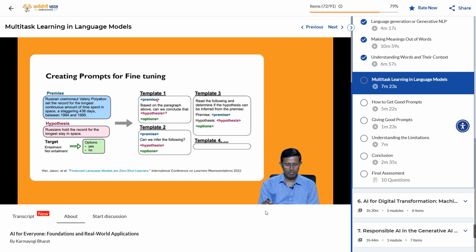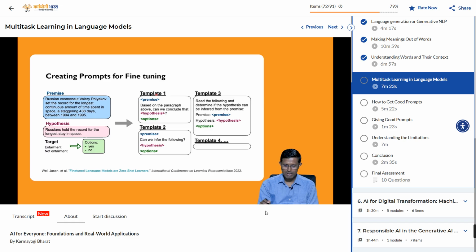The first template mentions the premise first and then says, based on the paragraph above, can we conclude that this hypothesis, and these are the options. So this is one way in which we can bring together all these pieces as a continuous sequential input, like a large passage, and this can be given to the model, and the exact option, yes or no, will be given as the target answer, and the machine will be trained on this data.